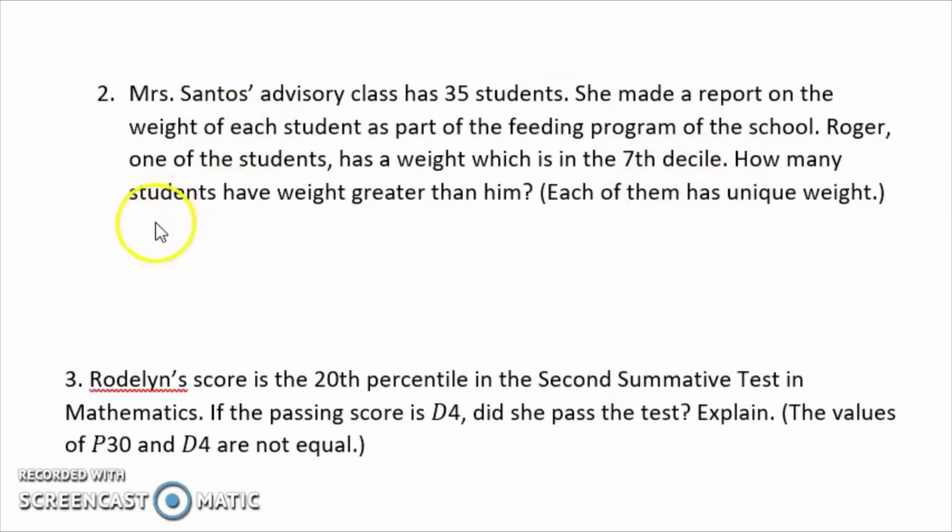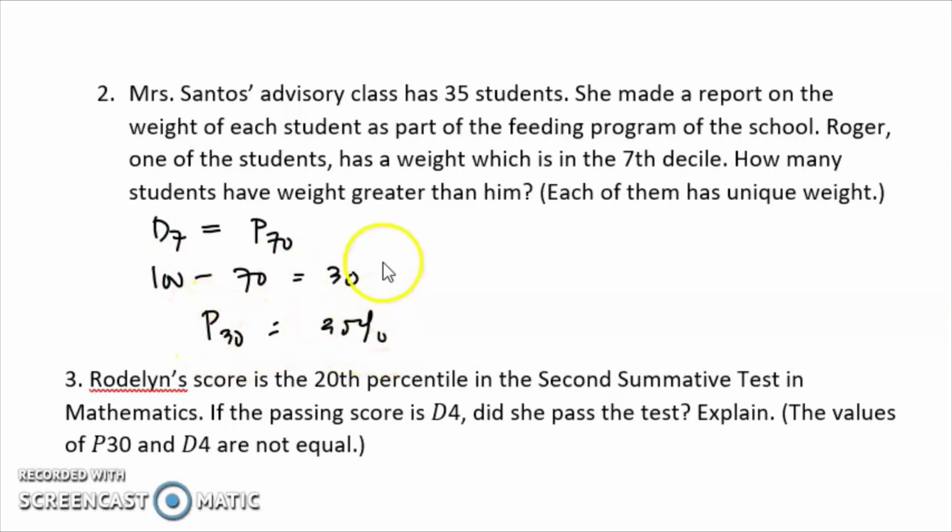Okay, ulit ha. Yung D7 equals yan kay P70. Okay, so para malaman natin ilang percent yun, so 100 minus 70, you'll have 30. So, you have P30 or 30%. Diba? So, how many students have greater weight than him?